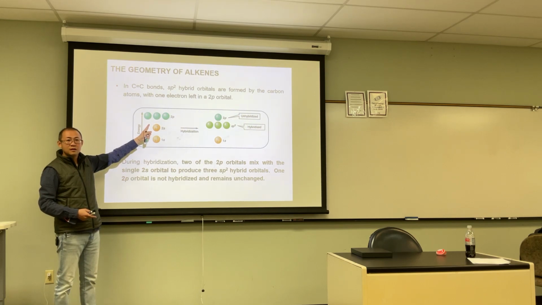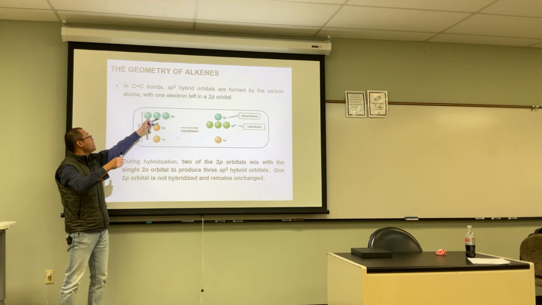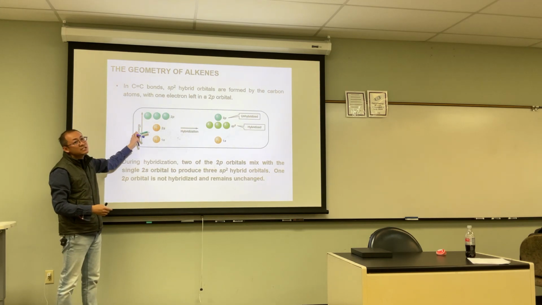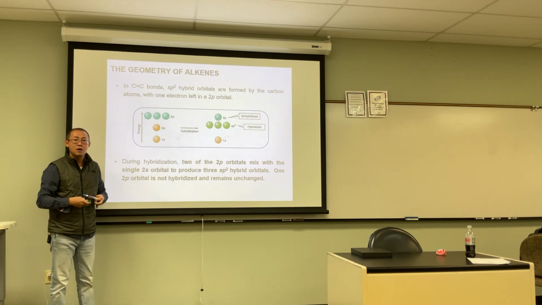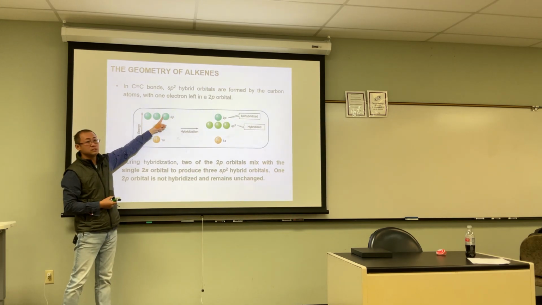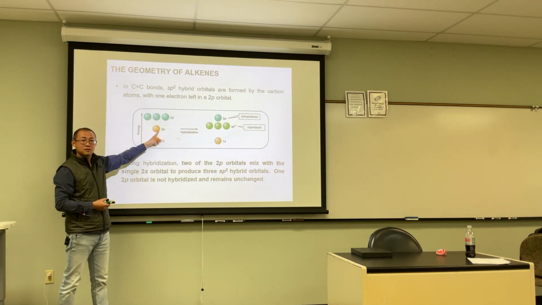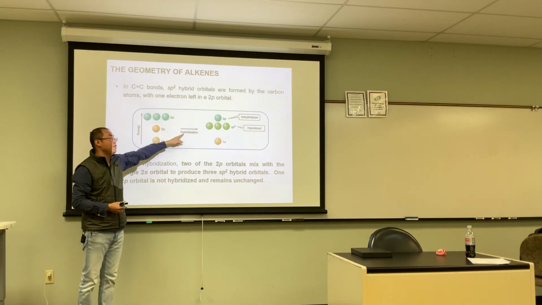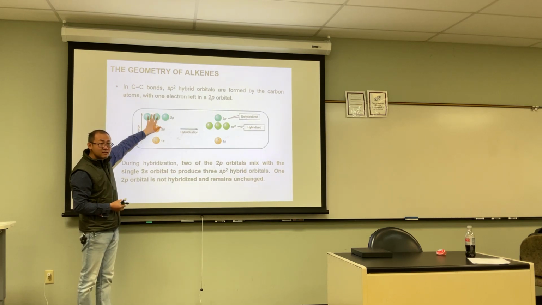When they're sp3, all 4 orbitals are used for mixing, like your cookie dough. But when carbons are involved in a CC double bond, only 3 of them are used for mixing: 2 of the p orbitals, doesn't matter which 2, plus an s. Again, we call that hybridization.